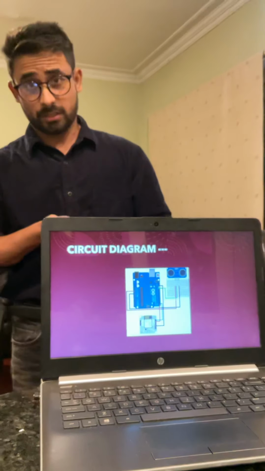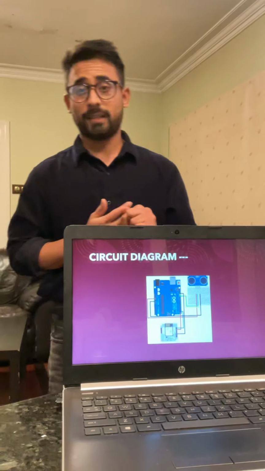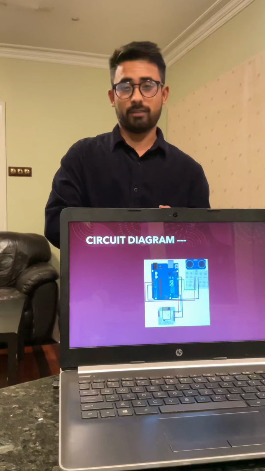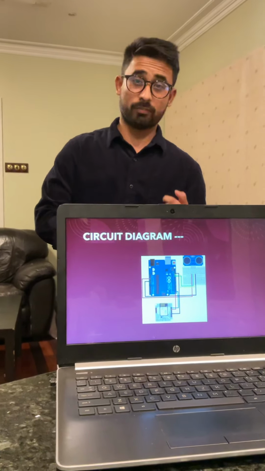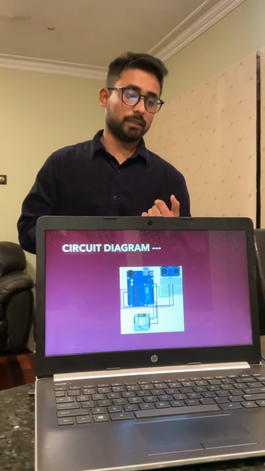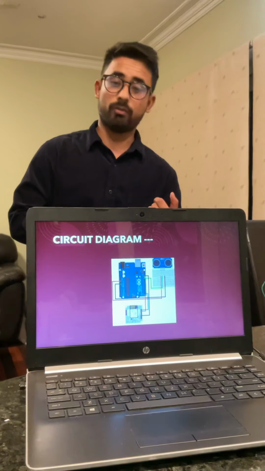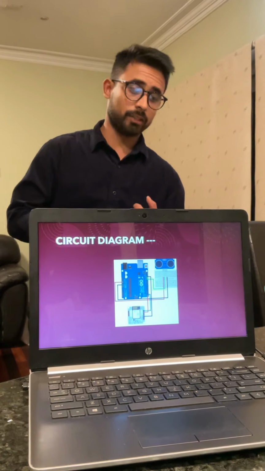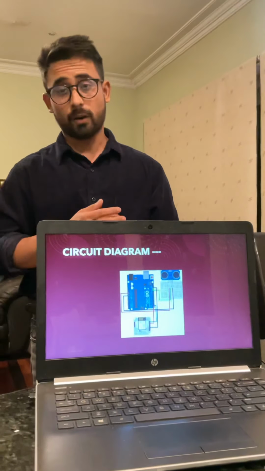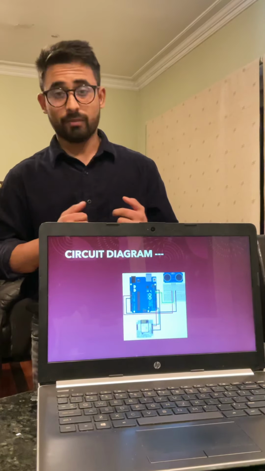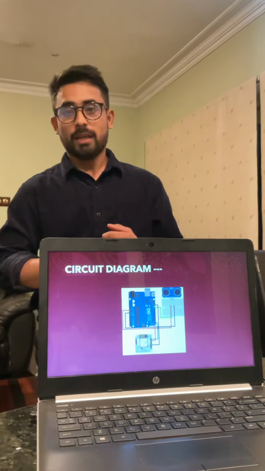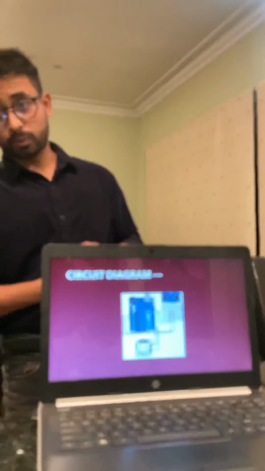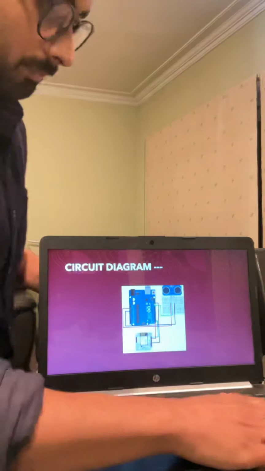Pin 1 of the water level sensor is connected to pin 10 of the Arduino, and pin 3 of the water level sensor is connected to pin number 5 of the Arduino. In the case of the GSM module I have used 3 pins as well. Pins 1, 2 and 3 are connected in various ways to the Arduino, like 11, 6 and 7. That will be explained when I show you the working of it.